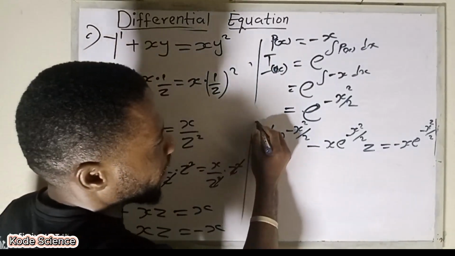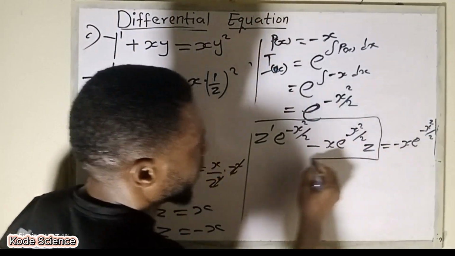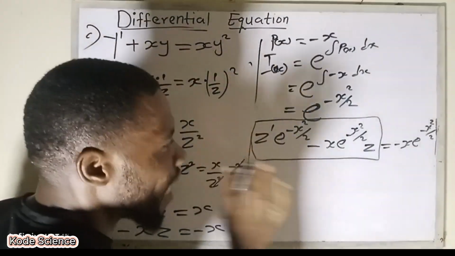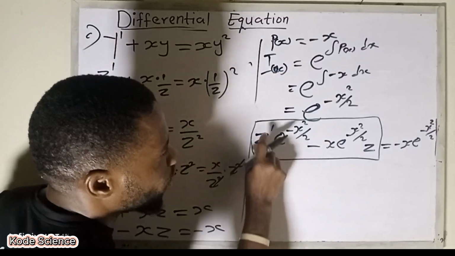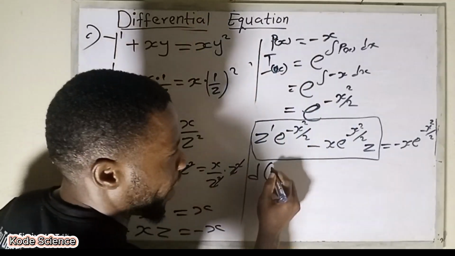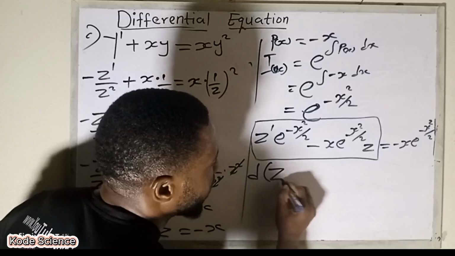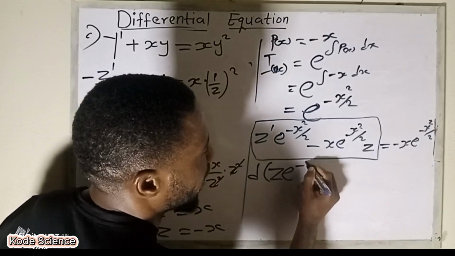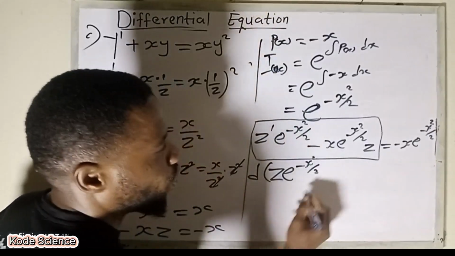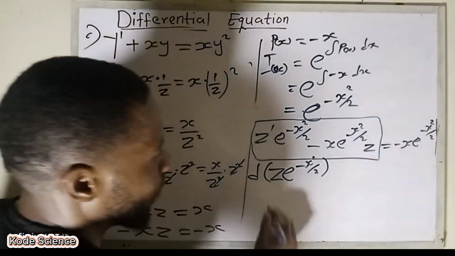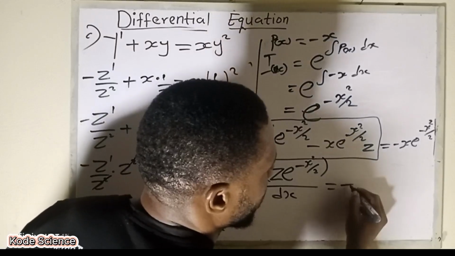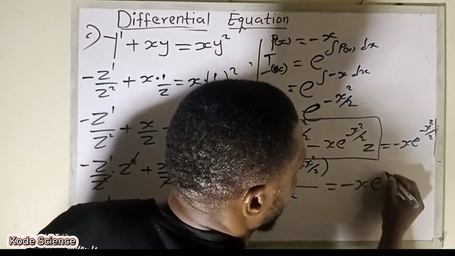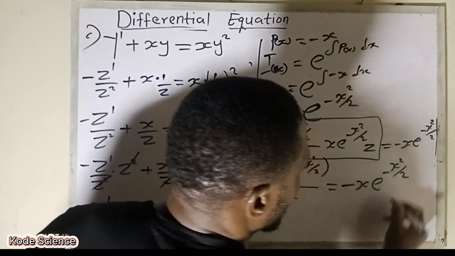All of this is the same as d of the bracket, you only take away the prime from z. So you have z exponential negative x squared over 2, over dx, which is equal to minus x exponential negative x squared over 2.